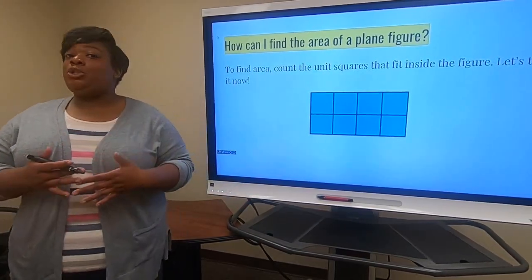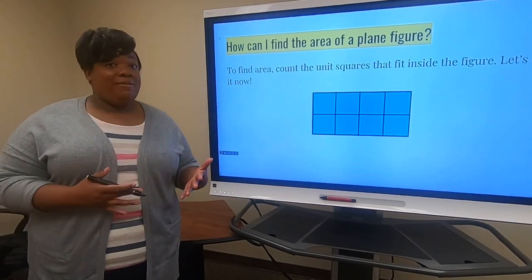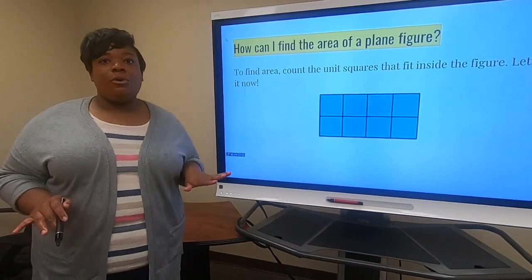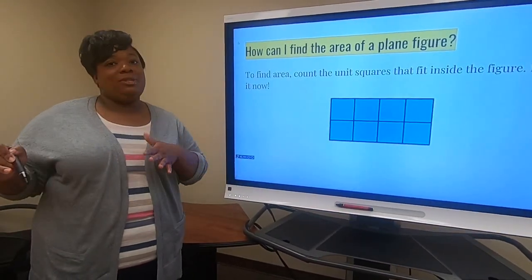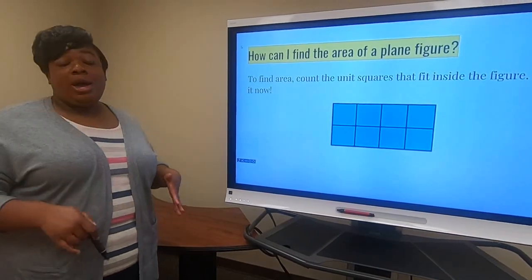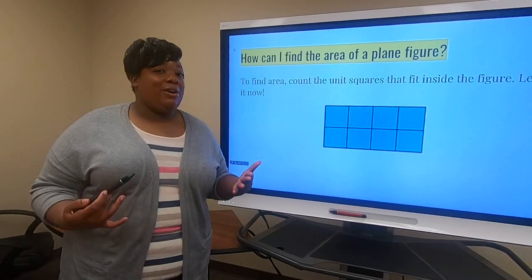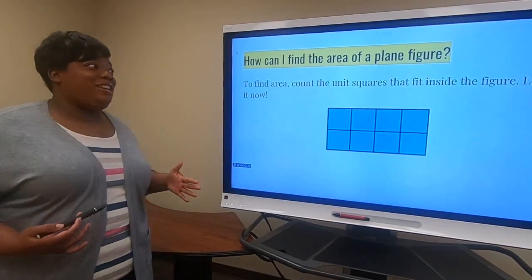You don't want to have too many or not enough, okay? So what they'll do is they'll find the area of the room and it will tell them how many tiles they need, okay?